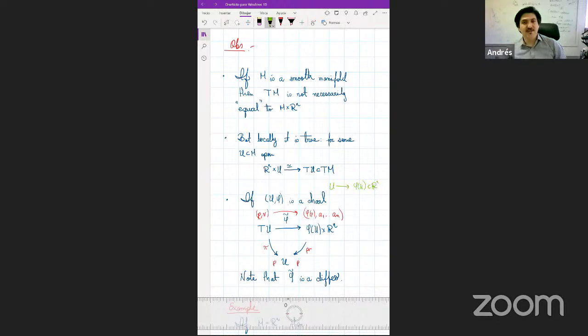And then we show that it is smooth, so this is a diffeomorphism. We have seen this before. So every time that I have a chart, the function is a diffeomorphism. Now, what we proved before is that this is also a chart.